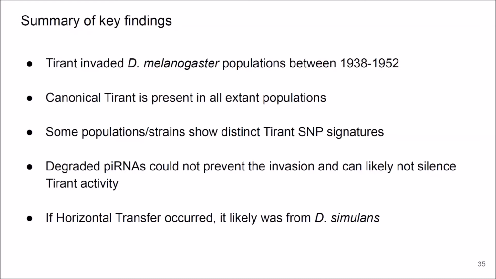Degraded piRNAs were not able to prevent the invasion and can likely not silence Tirant activity. And if there was any horizontal transfer event for the second wave of invasion, it would likely have been from Drosophila simulans or another very closely related fly and not something more divergent.